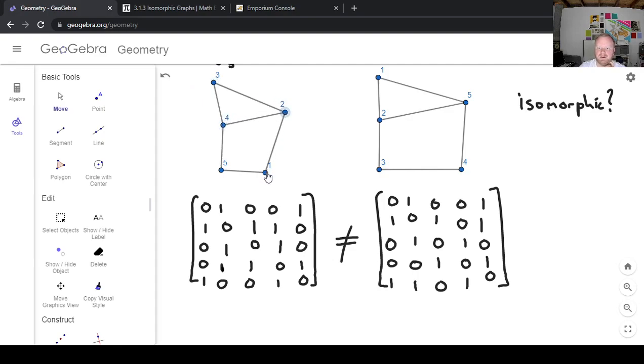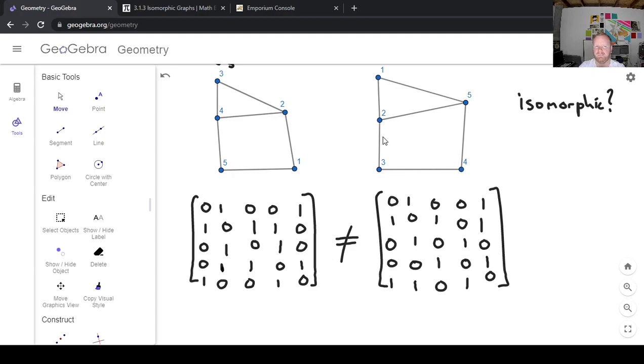So now you can see, if we arrange it like this, and change the labeling and made this one 1 and this one 5 and this one 2 and this one 3 and this one 4, then we do have an isomorphic graph.